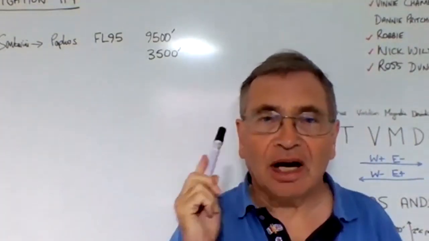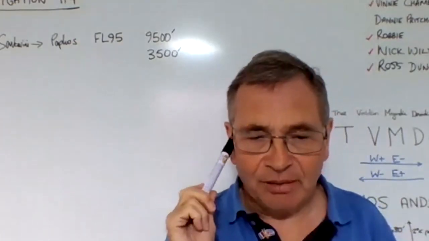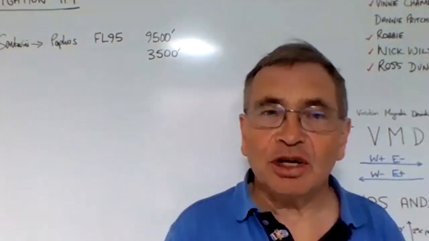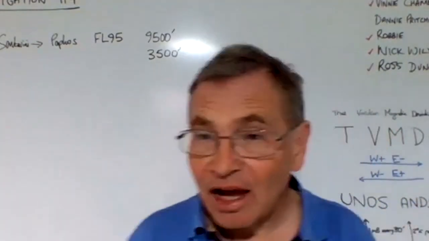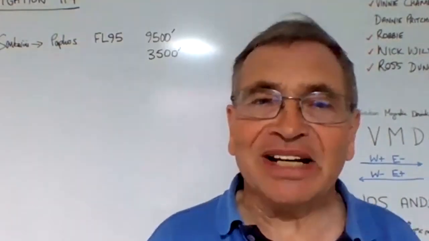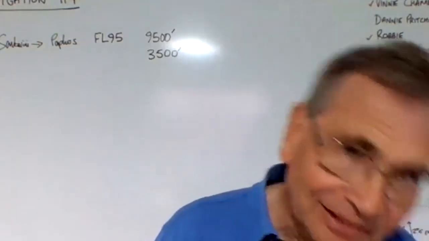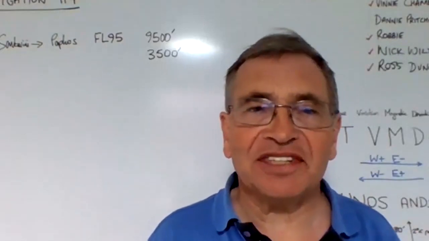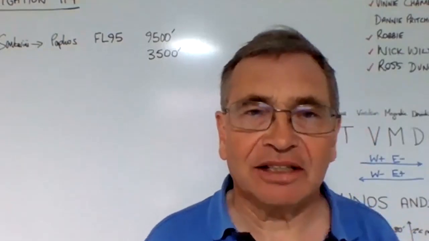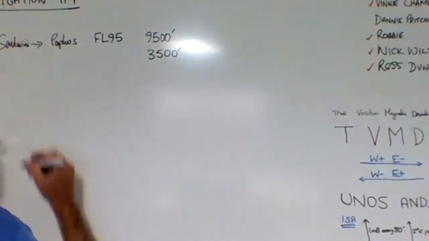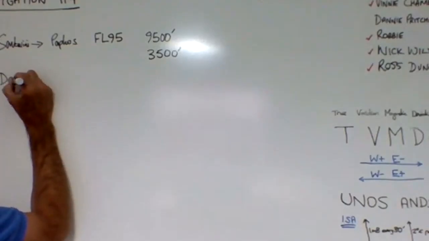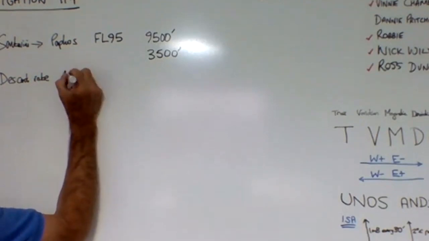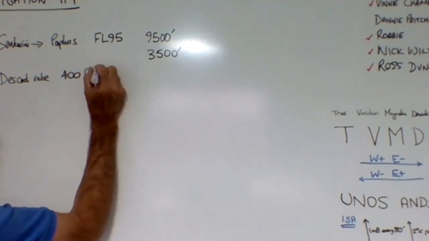But if you value your ears and you don't want to get tinnitus in later life, you'll be looking at a descent rate of 500 feet a minute, or more sensibly, a descent rate of 400 feet a minute would be about what you're looking at.